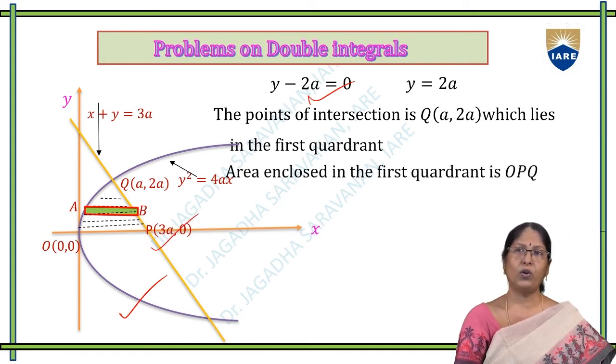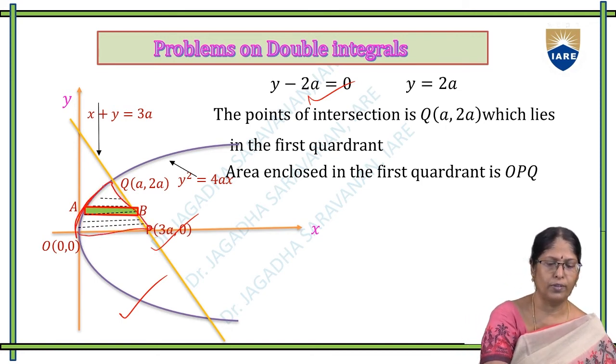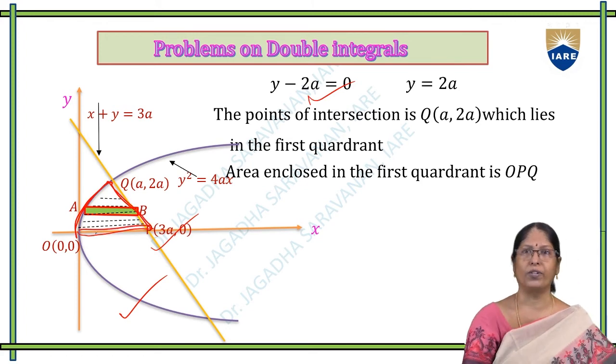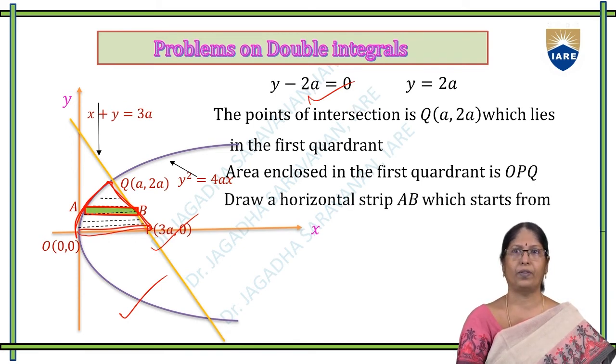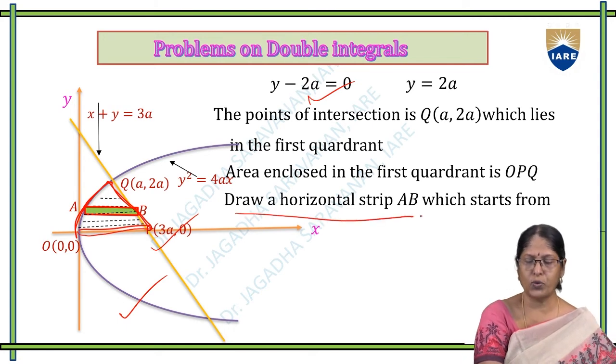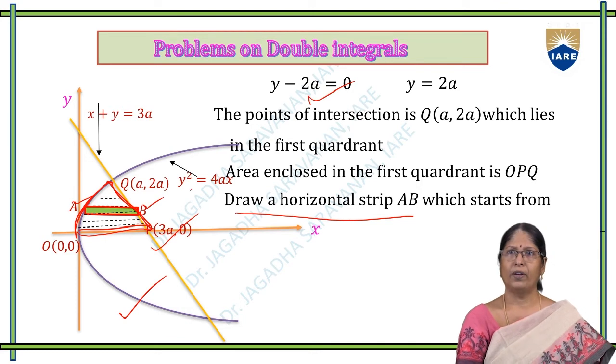The area enclosed in this first quadrant, that is O, P, Q, this region we want. We are going to calculate it by taking a horizontal strip, which we draw and name AB.